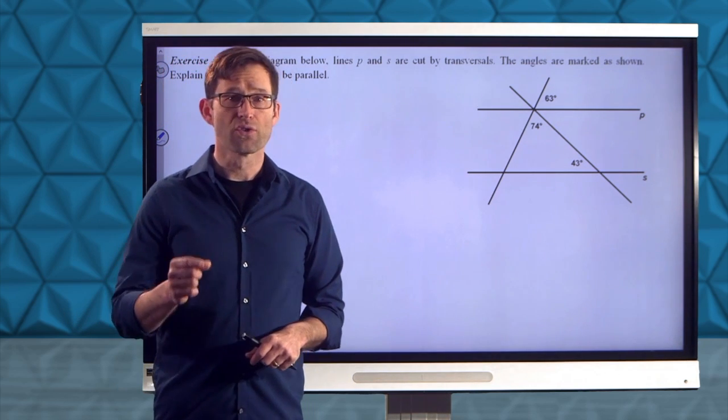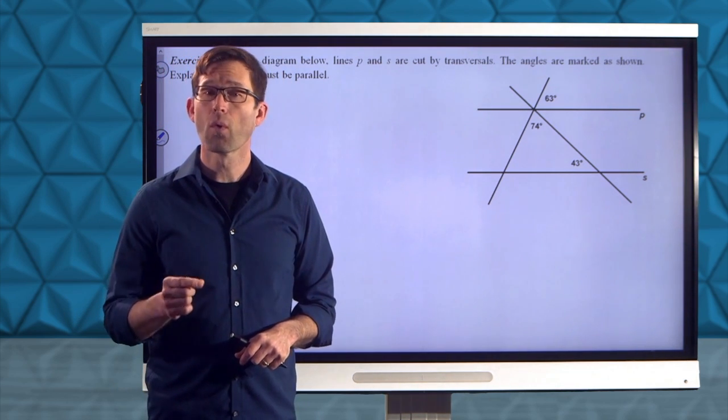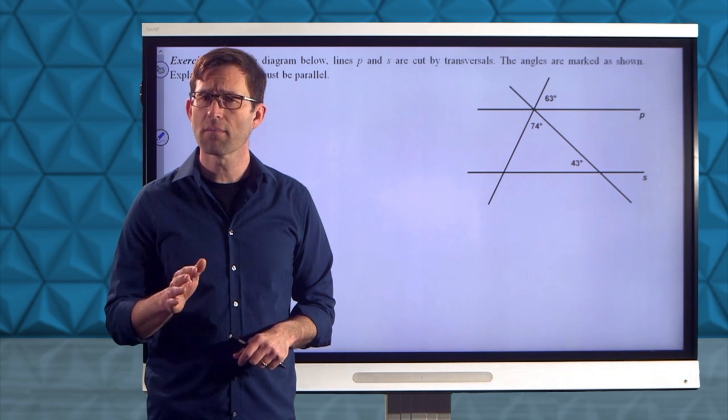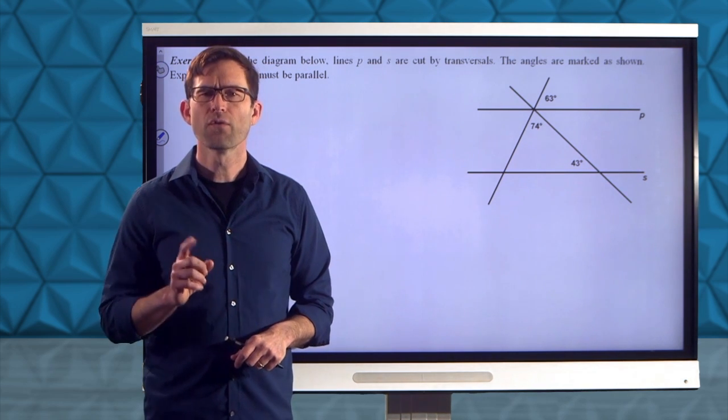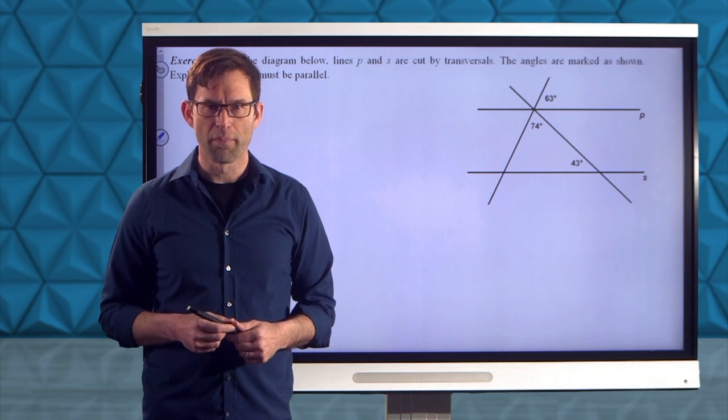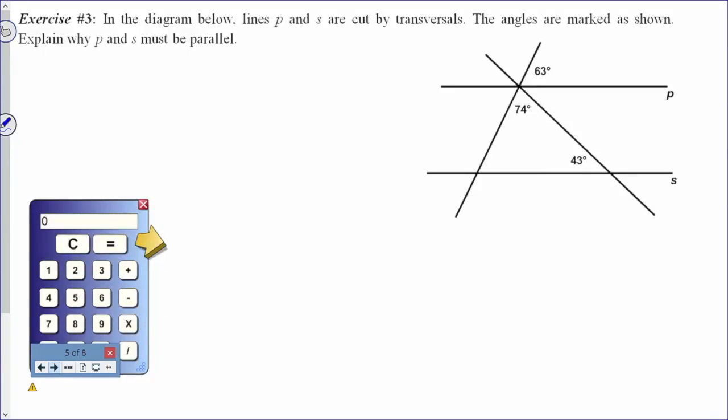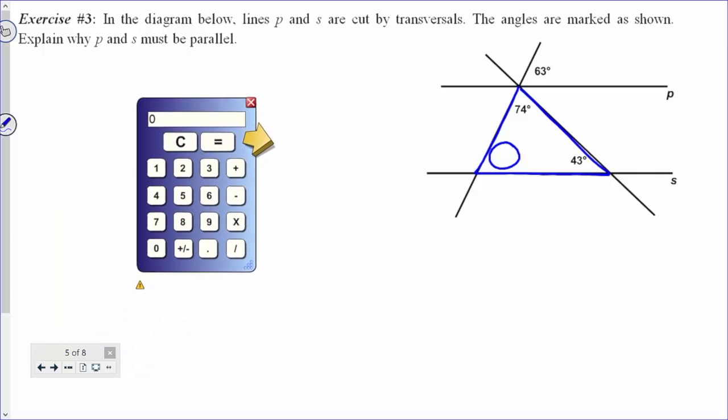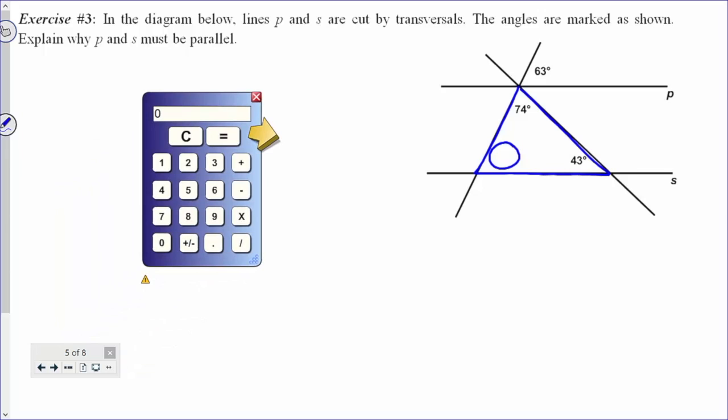Okay, we could choose alternate interior angle pairs, or we could choose corresponding angle pairs, and maybe I'll take a look at both of them. First, let's go the corresponding angle pair method. Now, we know, because this figure is a triangle, that the missing angle here can be calculated by simply taking our 74, adding to it our 43, and getting 117.